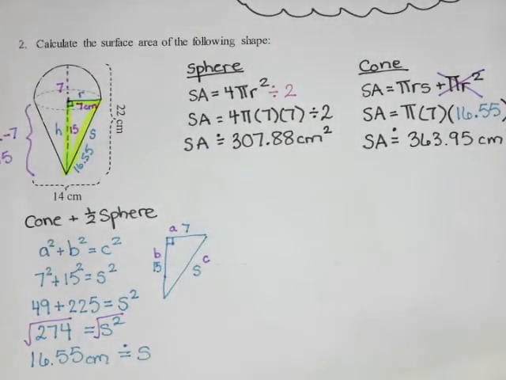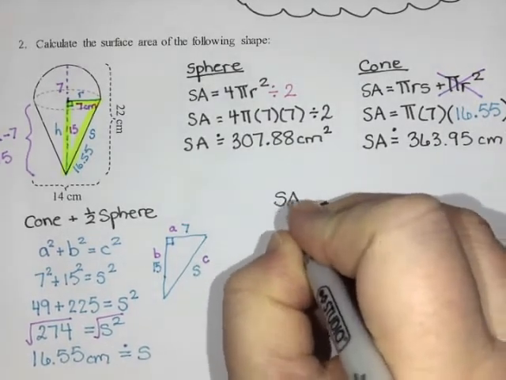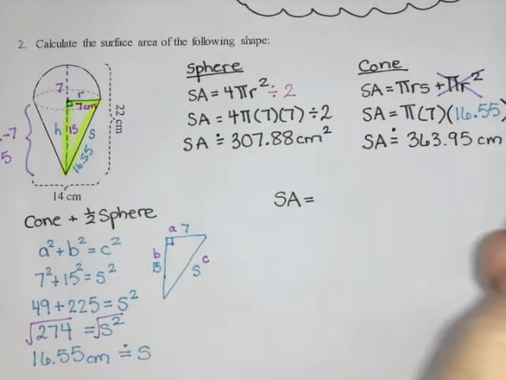Now, these two shapes have been added together. It is a cone on the bottom, it's a sphere on the top, and they've been put together. So to get my final area, I am going to add the two numbers together.